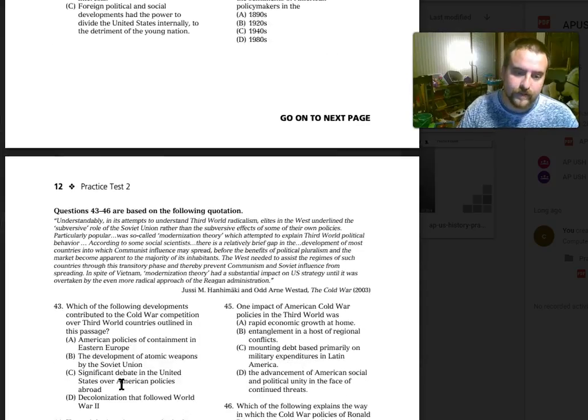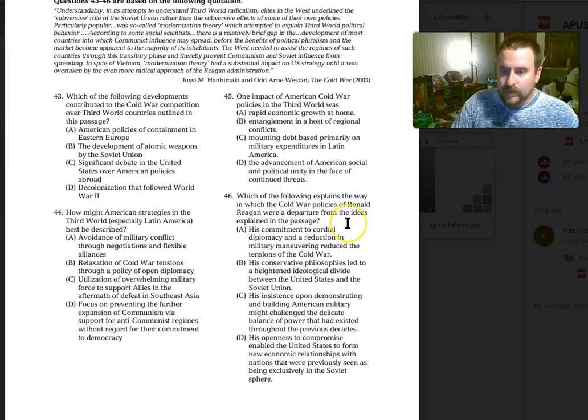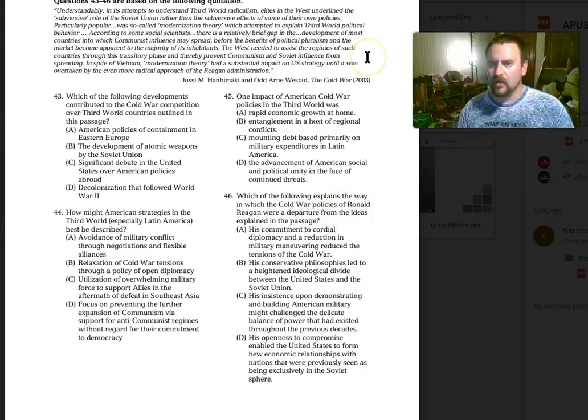All right, 46. Which of the following explains the way in which Cold War policies of Ronald Reagan were a departure from the ideas explained in the passage? In the passage, it talks about a nuanced kind of gap with third world countries, where there's an opportunity for communism to plant a seed, but that opportunity is really small.